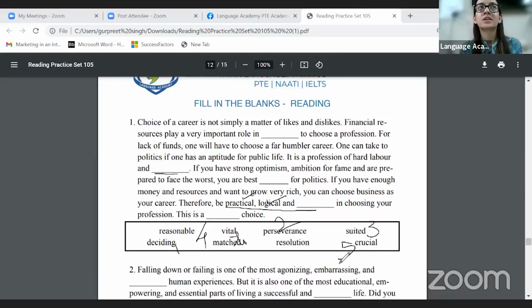Reasonable means don't think over the moon, or maybe something which is not even possible. So make reasonable decisions, something that you can actually in practical, in logically achieve. And the last one, crucial choice. Crucial means a decision on which the success and failure of the next thing depends. Matched comes with two.